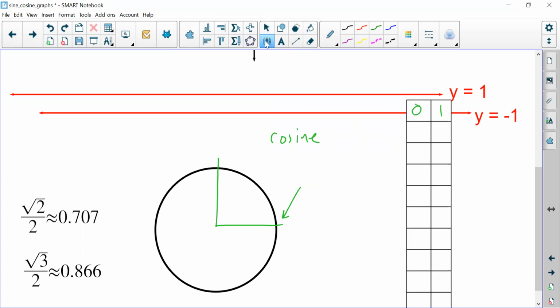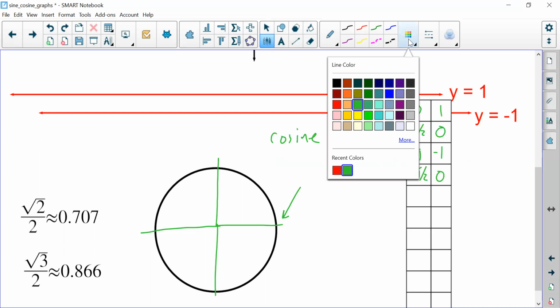Let's jump ahead to some easier angles. Pi over 2 has a cosine of 0. Pi has a cosine of -1. 3 pi over 2 has a cosine of 0.